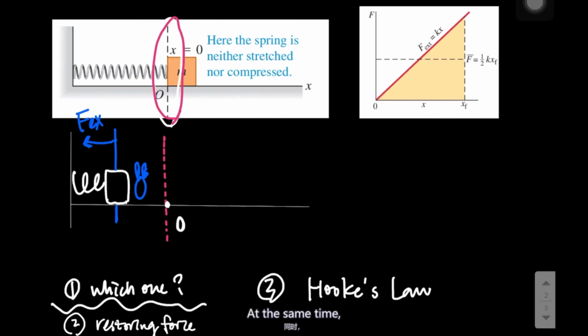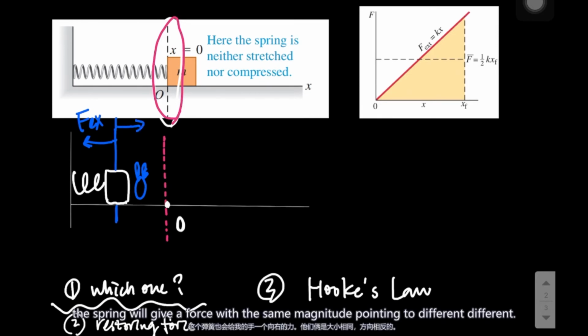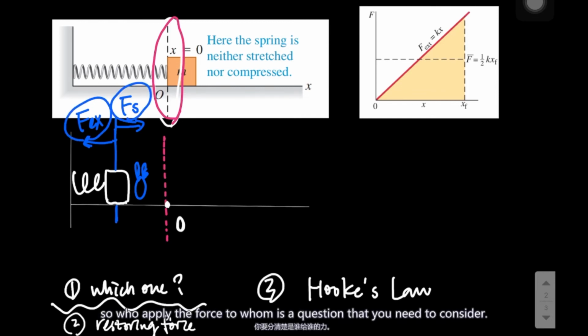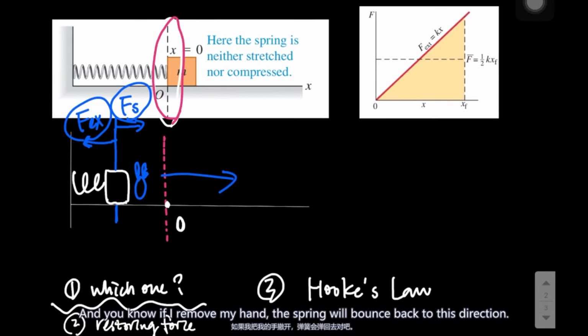And at the same time, the spring will give me a force with the same magnitude but pointing in a different direction. So there are actually two forces. So who applied the force to whom is a question that you need to consider. And you know that if I remove my hand, the spring will bounce back in this direction, right?